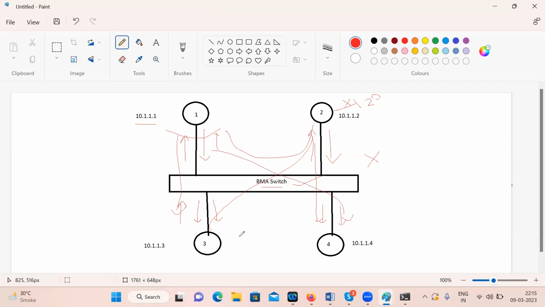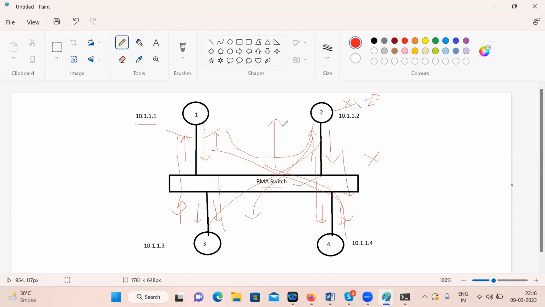The same process will happen from router 3 as well, and from router 4 also. You can assume how much traffic is generated between only 4 routers.